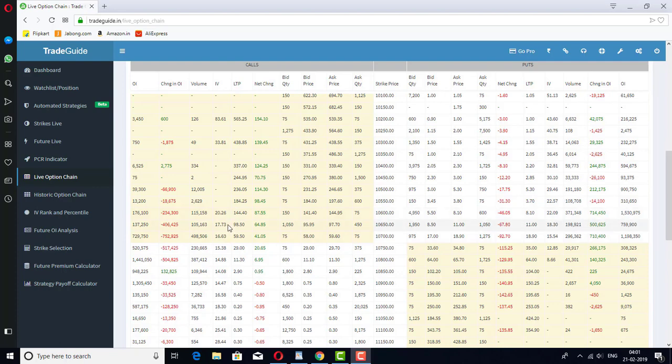It can either move up by 20% or move down by 20% in the whole year. This is the meaning of implied volatility.